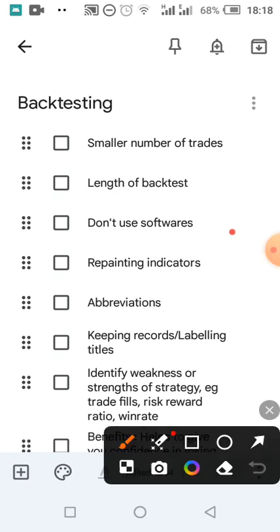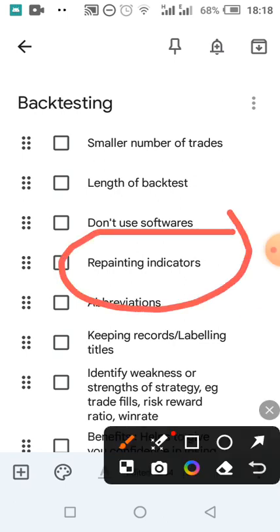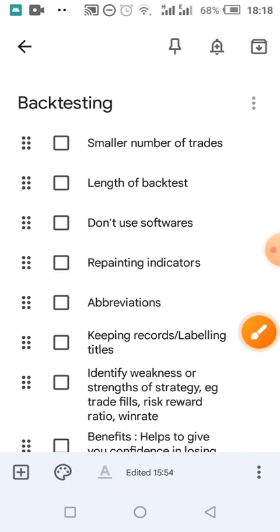Now, also when backtesting, when using repainting indicators, especially the oscillating type of indicators like the MACDs and the RSI, those indicators, you should know that they do not accurately show what price did in the past history.